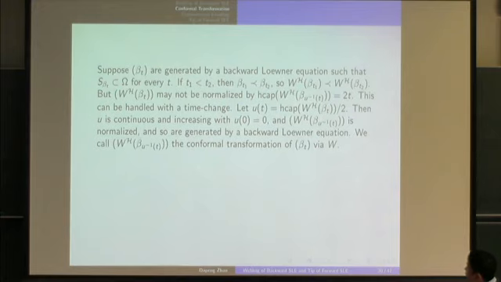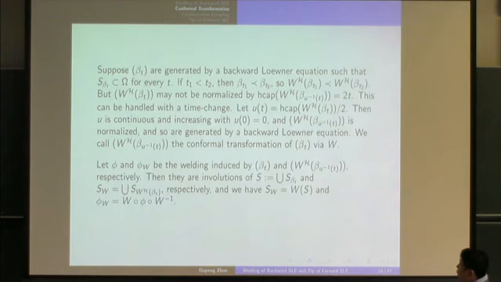We call this family the conformal transformation of beta_t via W. Let phi and phi_W be the weldings induced by beta_t and the conformal transformation, respectively. Then they are involutions of S and S_W, equal to the union of the supports of W_H of beta_t, respectively. And we have S_W equal to W of S, the W image of S, and phi_W equal to W composed with phi composed with W inverse.